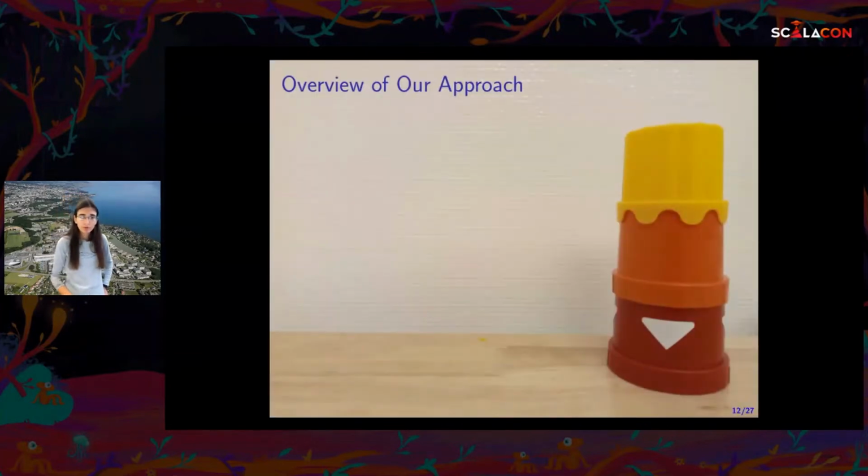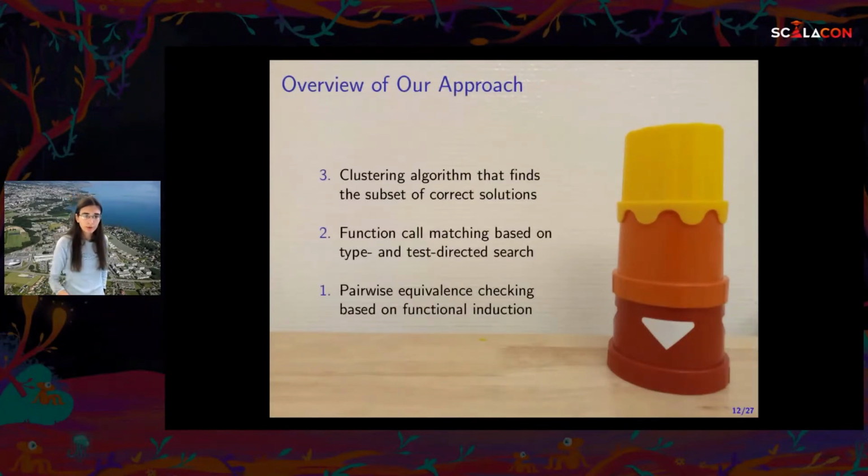All right, so now that we are familiar with Stainless, I can tell you about equivalence checking. The talk will be about those three pieces that build upon each other, and I will explain this approach bottom up. First, I will tell you about the very basic piece, which is pairwise equivalence checking.